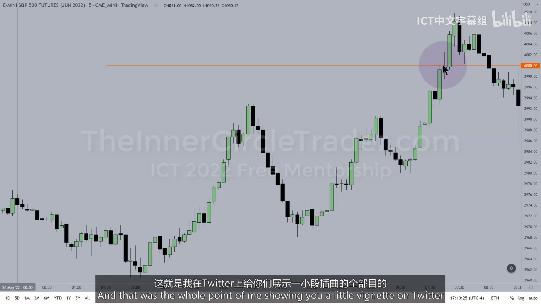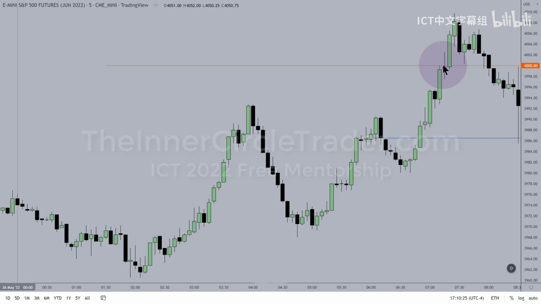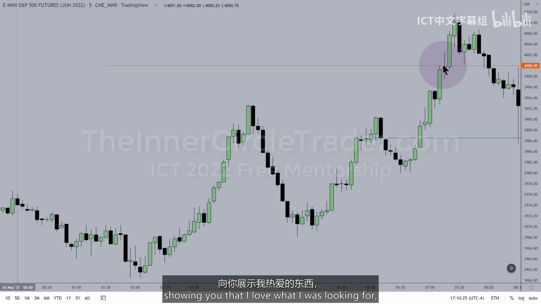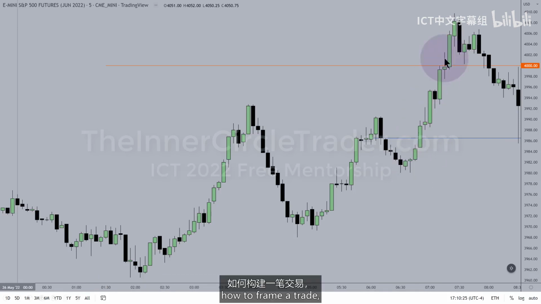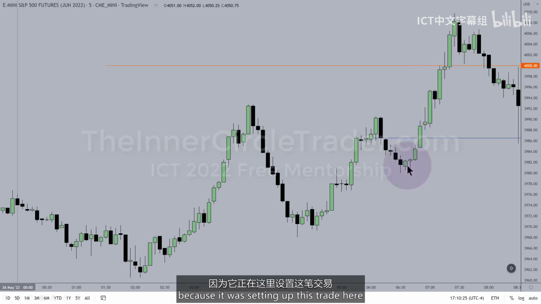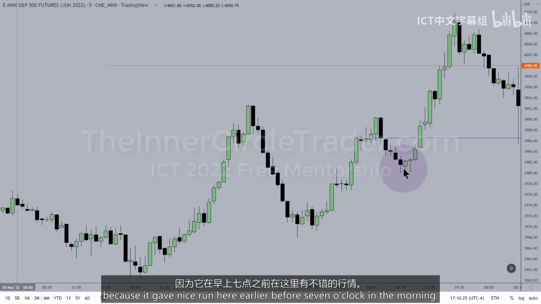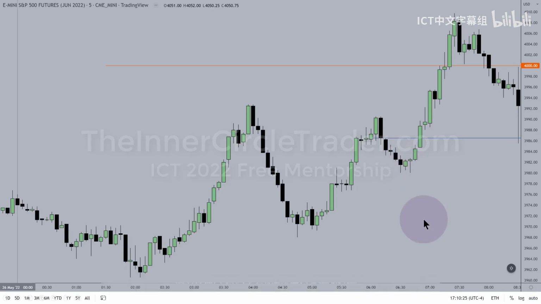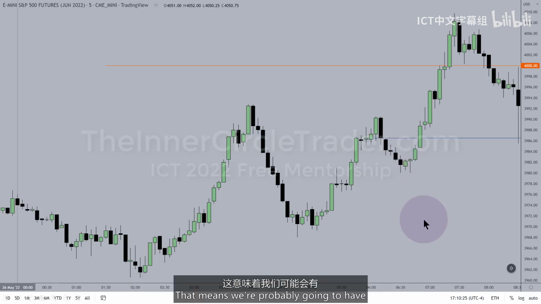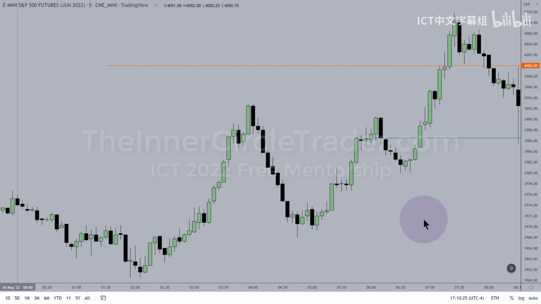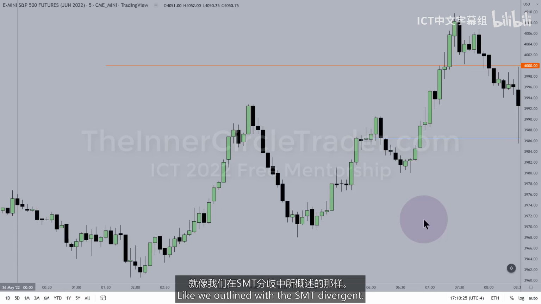And that was the whole point of me showing you a little vignette on Twitter today: a level I was looking for, how to frame a trade, how to set it up, and engage it. Because it was setting up this trade here, take this for your notes. Because it gave a nice run earlier, before 7 o'clock in the morning, that means we're probably going to have a deep retracement and look for an ideal scenario like we outlined with the SMT divergence.